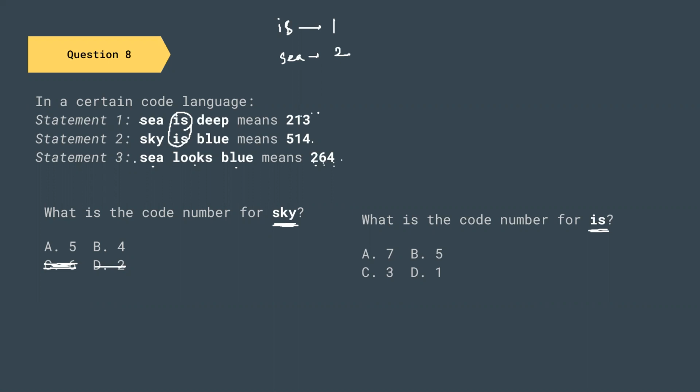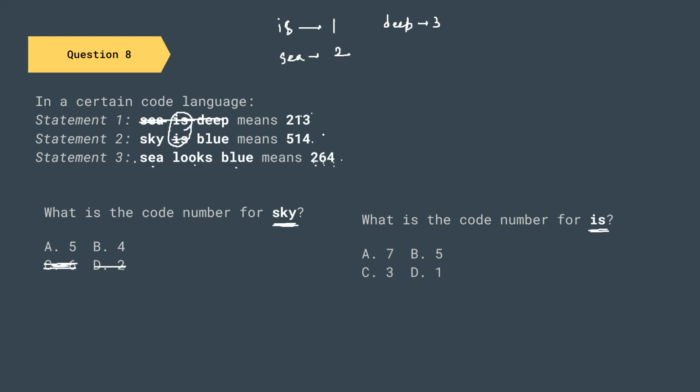So "sea" is done, "is" is done. So whatever we are left with is "deep", so deep is encoded to 3. So this is done.